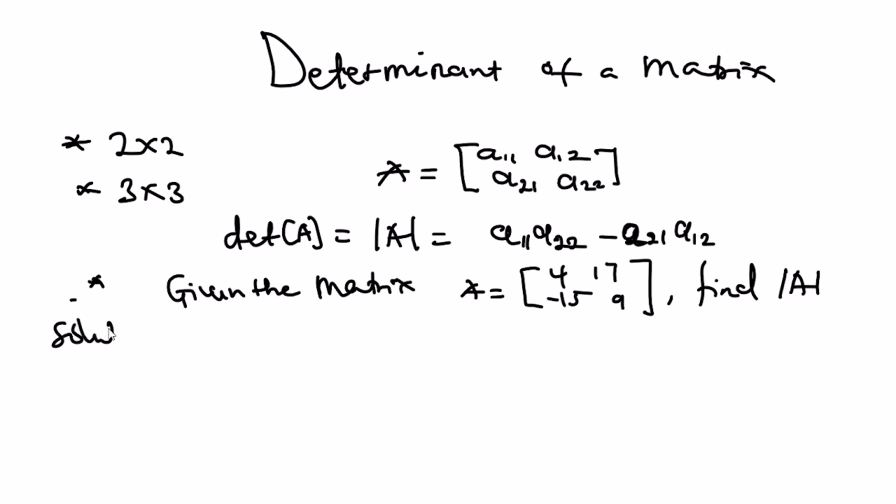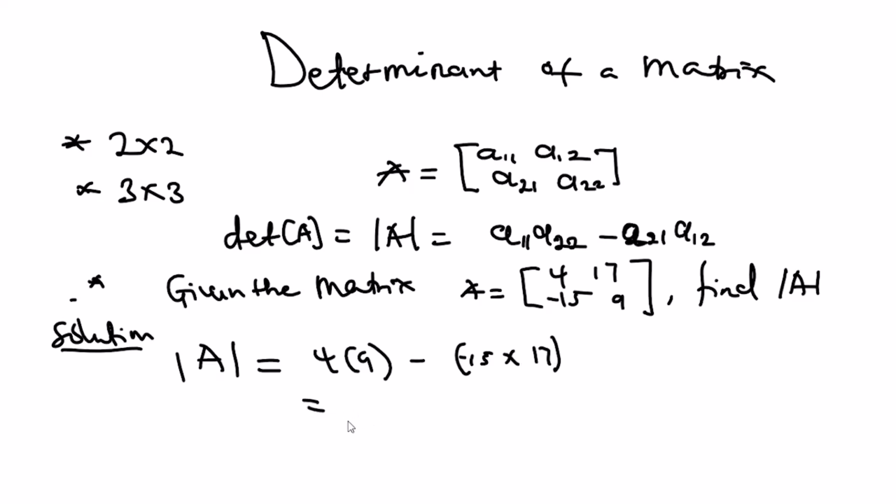Alright, so we said that the determinant of a 2 by 2 matrix is basically the product of the leading diagonal minus the product of the off diagonal. So the determinant of A will be equal to 4 times 9 minus negative 15 times 17.